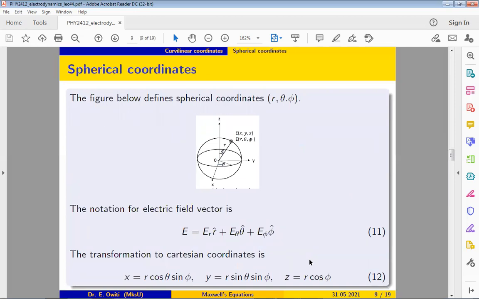In a spherical coordinate system now, we do not have the z, but instead we have the r, we have theta, and we have phi. So if you have a vector like E, it has components E r, E theta, and E phi. Again, you can transform from spherical to Cartesian coordinate system using these three expressions down here.